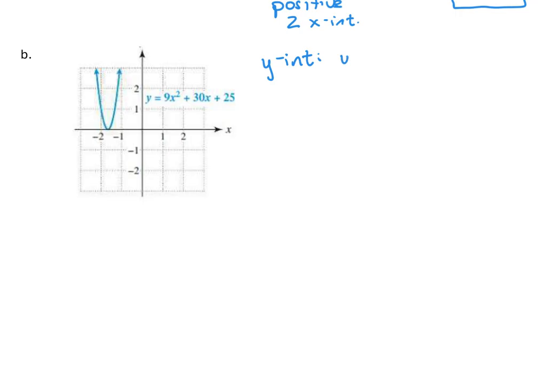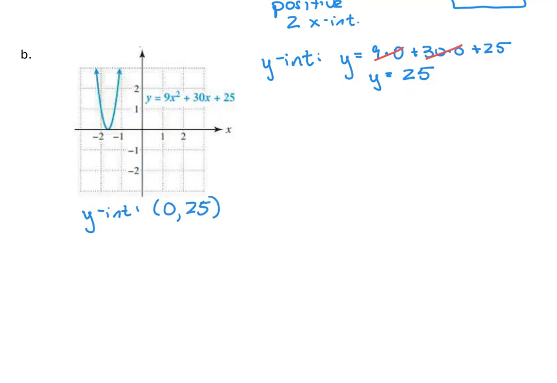And so if we plug in 0 for x, we get 9 times 0 squared, which is 0, plus 30 times 0, plus 25. My x terms cancel, and I am left with y equals 25. So my y-intercept is (0, 25).